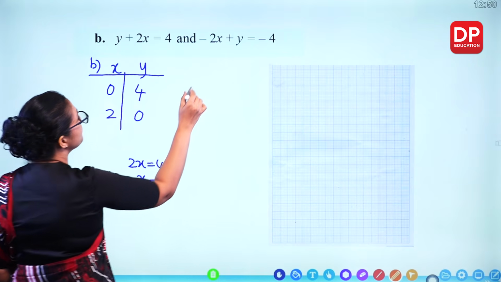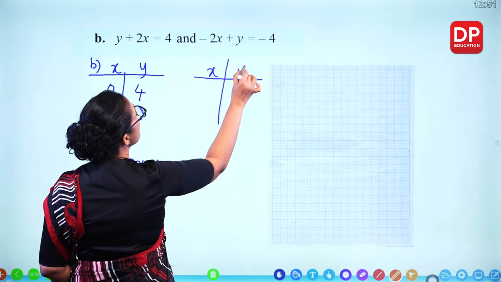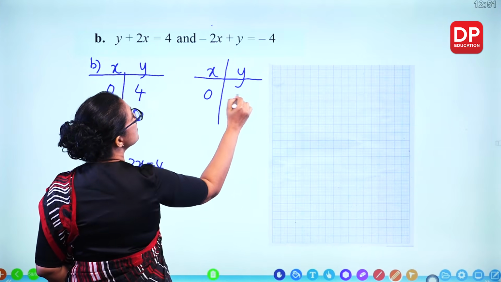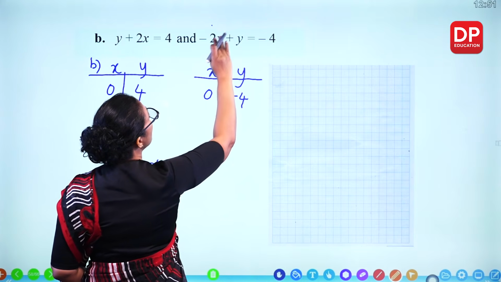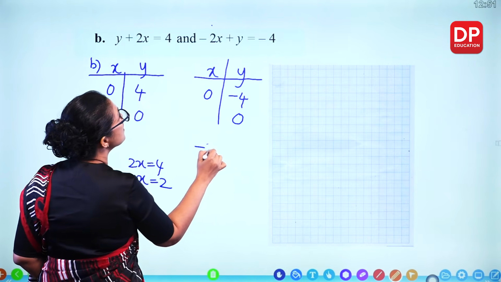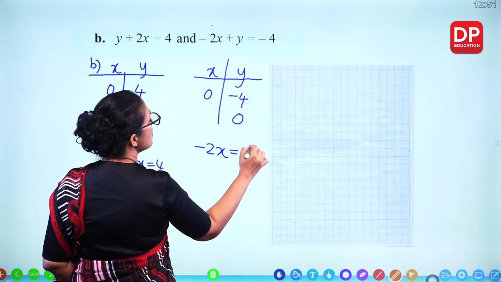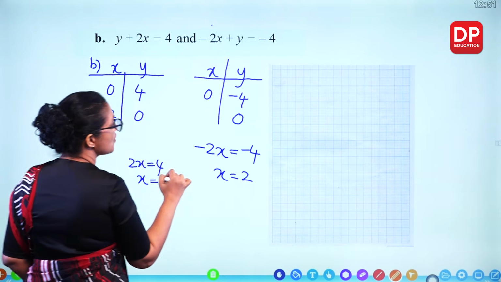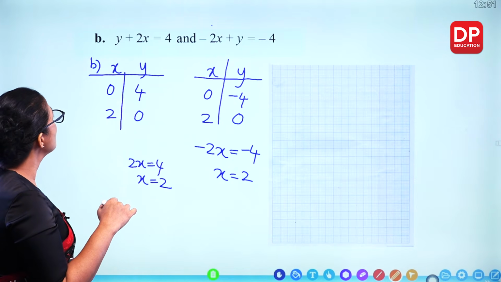This graph: x equals 0, y equals negative 4, y equals 0, x equals, we'll find using this equation, divide by minus 2, you get plus 2. So this is 2. Now we'll try to draw that.